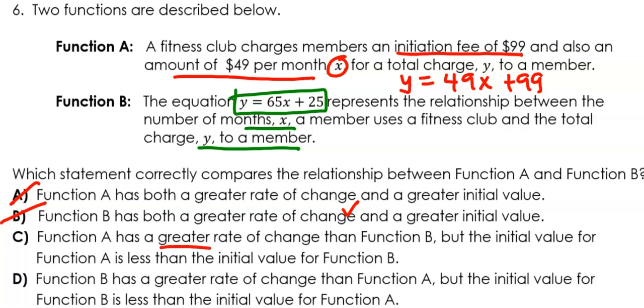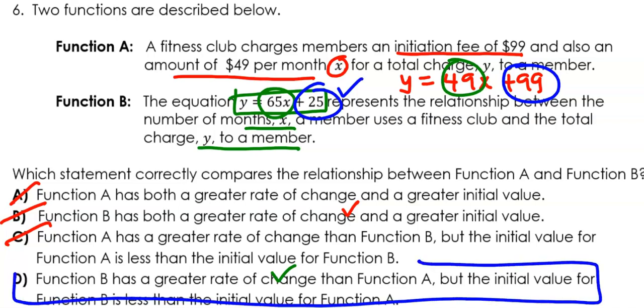Function A has a greater rate of change. Nope, we already proved that is not true. So let's look at the last option. Function B has a greater rate of change. Yes. But the initial value for function B is less. Yes. So option D is correct.